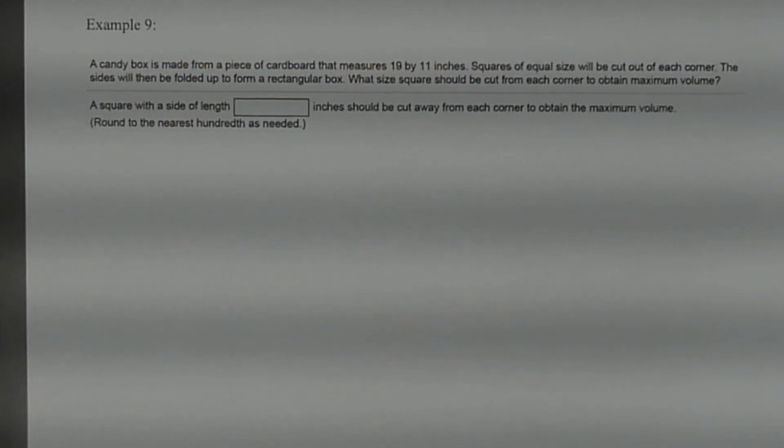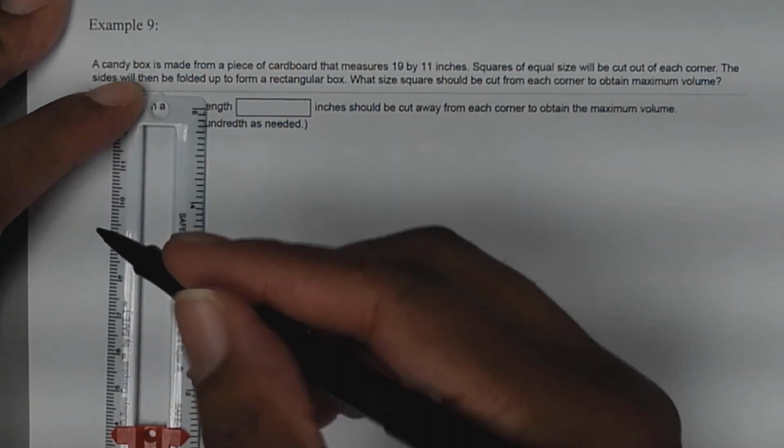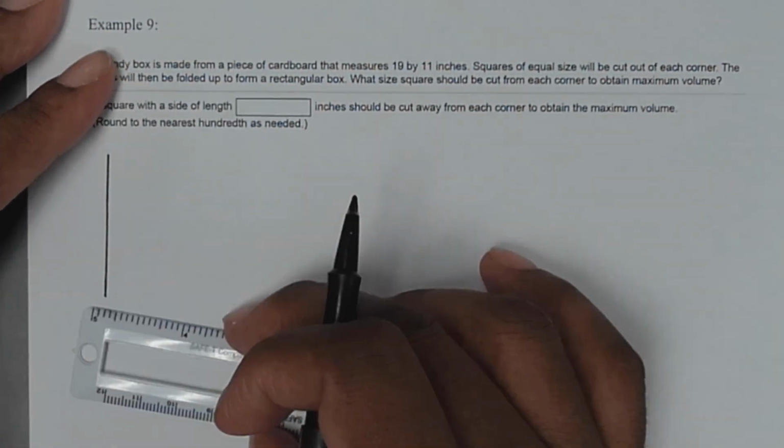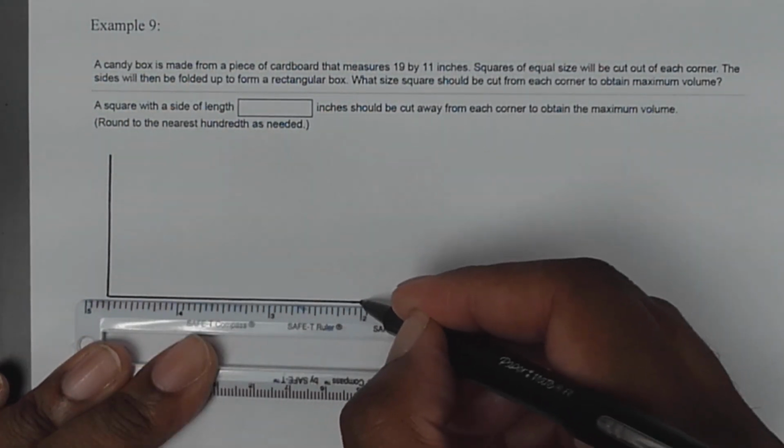Okay, so now we're talking about volume in this case. And sometimes it does help to draw a figure of a rectangle. So here's a rectangle that I'm going to draw here.